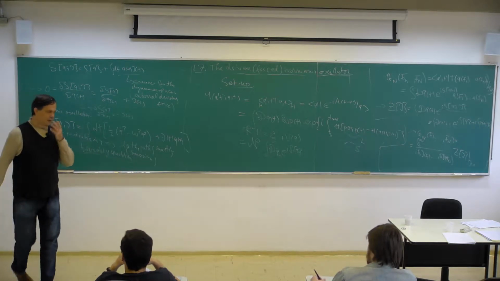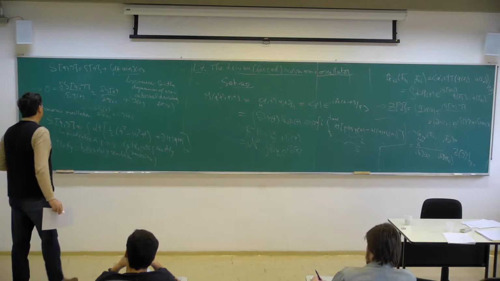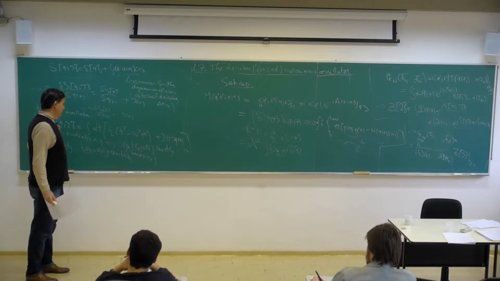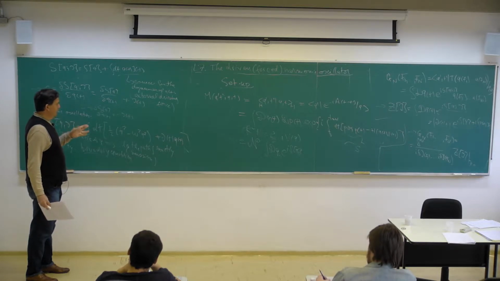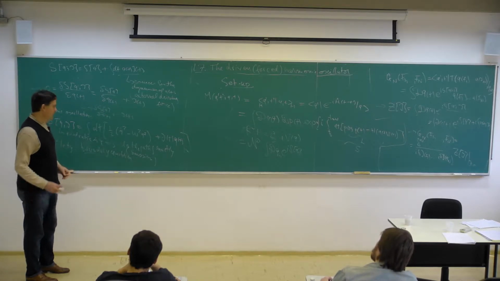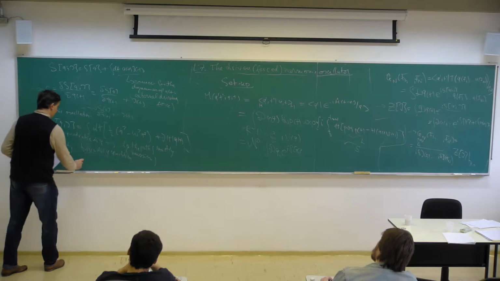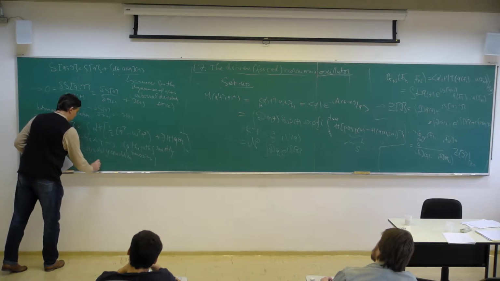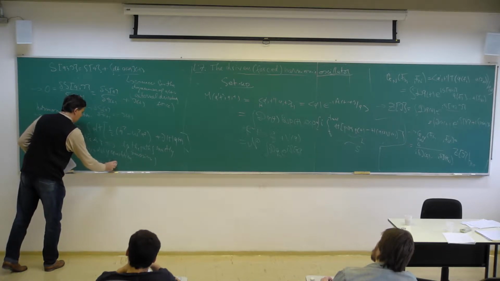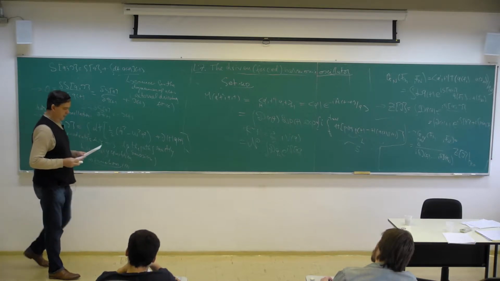You have to remember now that this is a functional, not a function, and the space of functions on which this is defined is important, in particular the kind of boundary conditions the functions obey. All right.